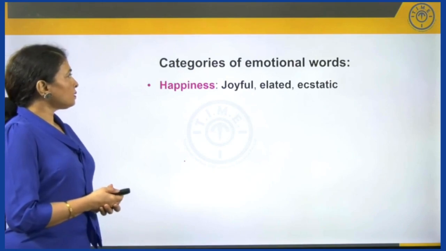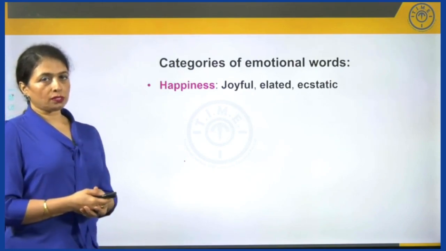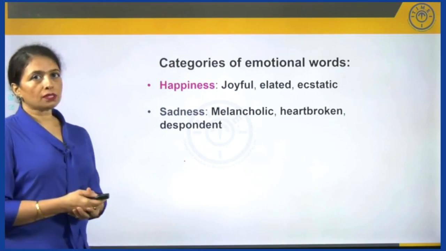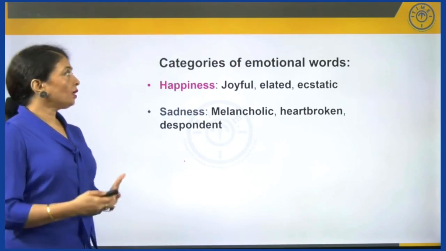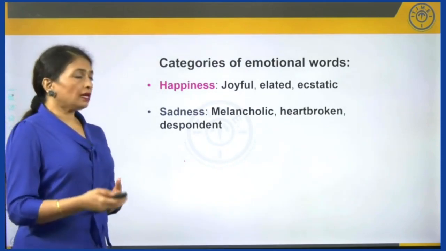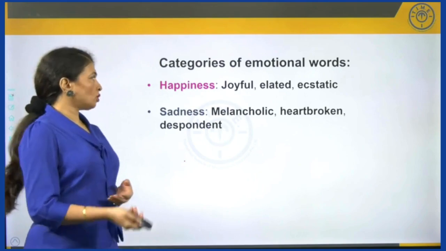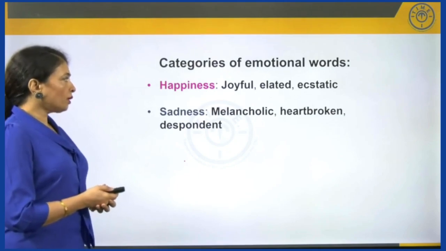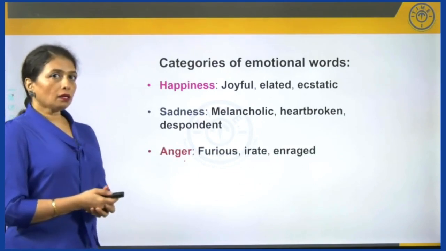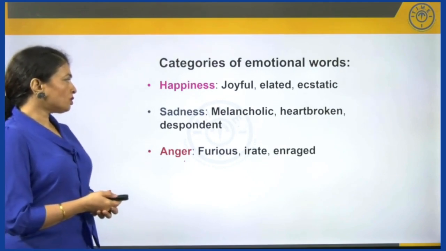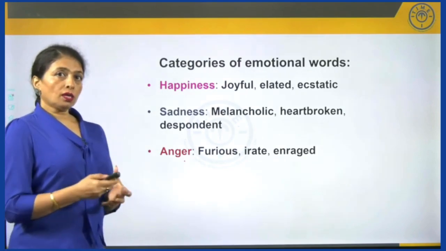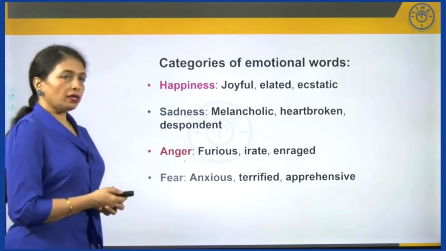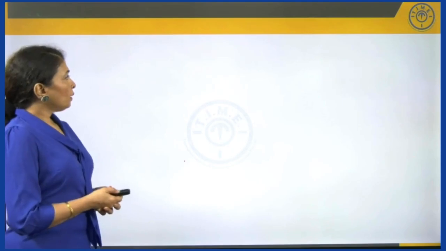Now, let's understand categories of emotional words. I begin with the first set, which pertains to happiness, and words that help us convey happiness are joyful, elated, ecstatic, euphoric, etc. Then sadness is conveyed using words like melancholic, heartbroken, despondent; anger using the adjectives furious, irate, enraged, indignant; fear with words like anxious, terrified, apprehensive, scared.